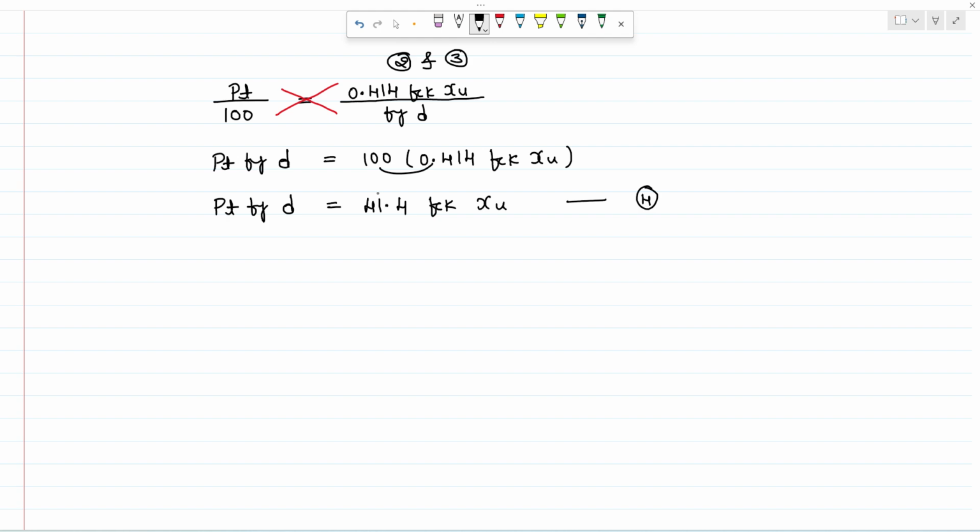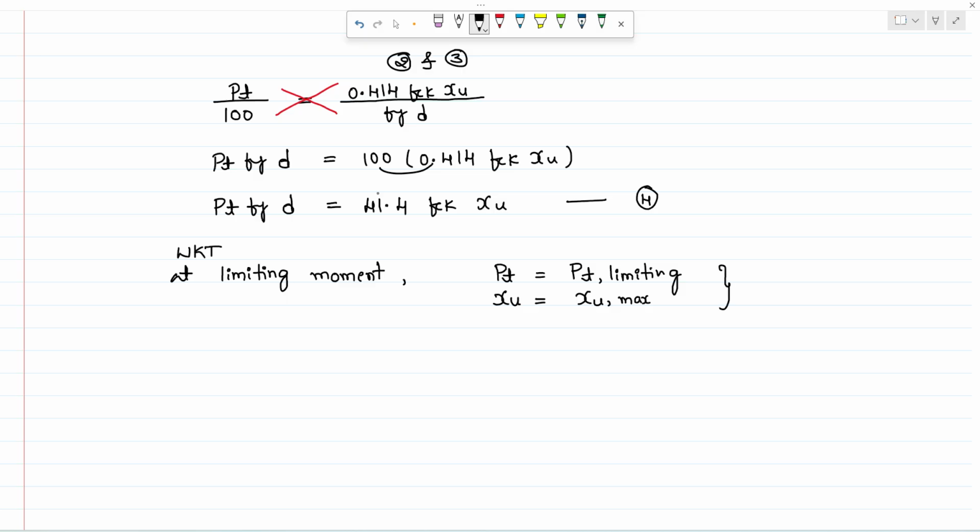So we know that at limiting moment, the percentage of steel pt is equivalent to pt limiting, and depth of neutral axis Xu can be taken as Xu max, maximum depth of neutral axis.